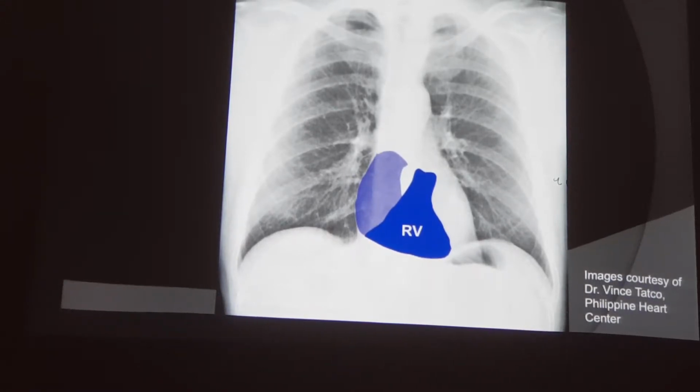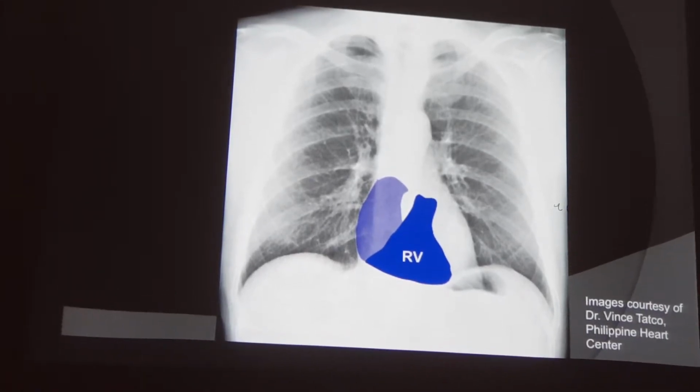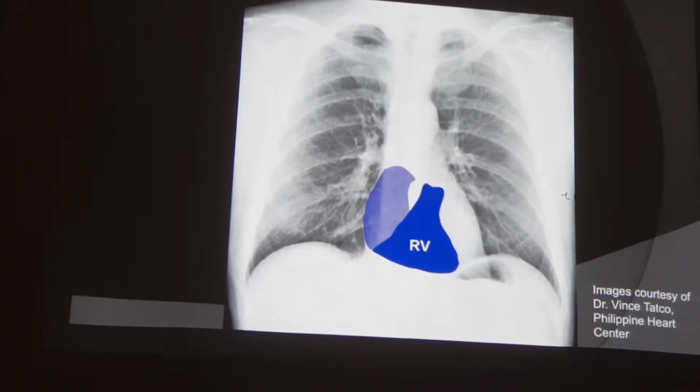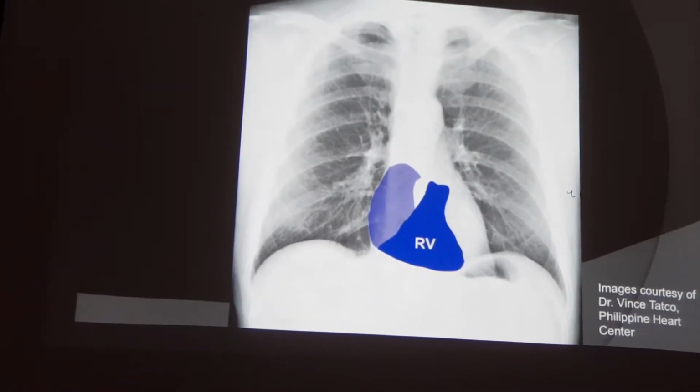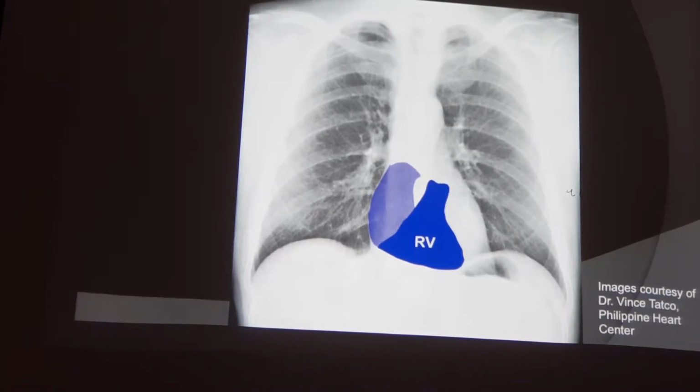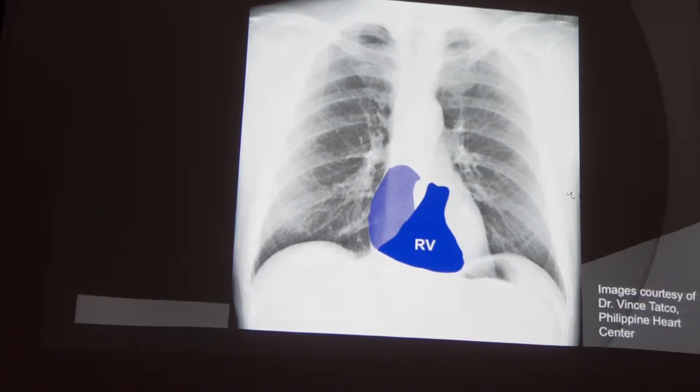So we have what we call, it's not an official term, the perky breast, because the right ventricle stands out. If you remember the appearance of tetralogy of Fallot, you have what we call a boot, the boot-shaped appearance of the heart. The boot stands out, so it looks like a perky breast.